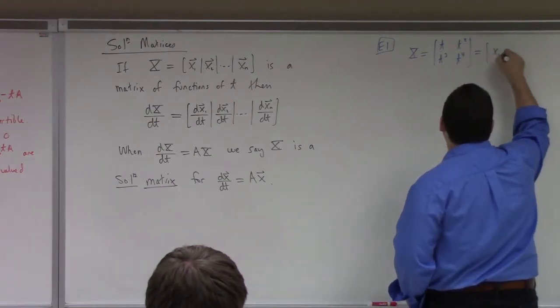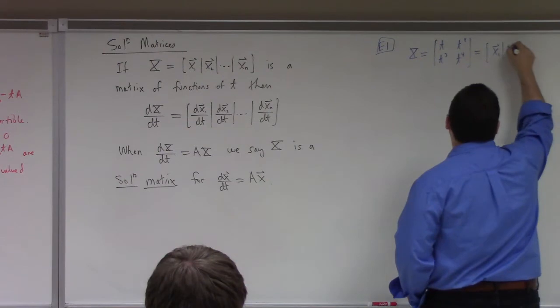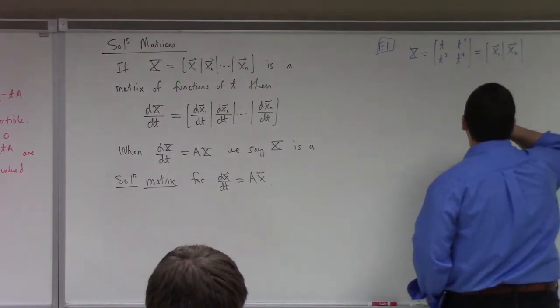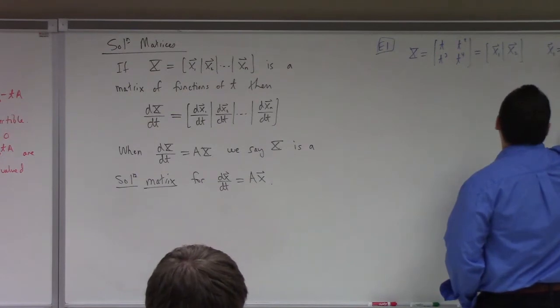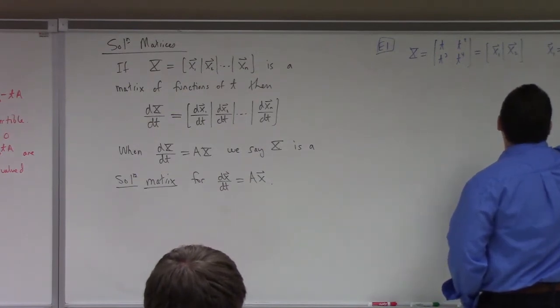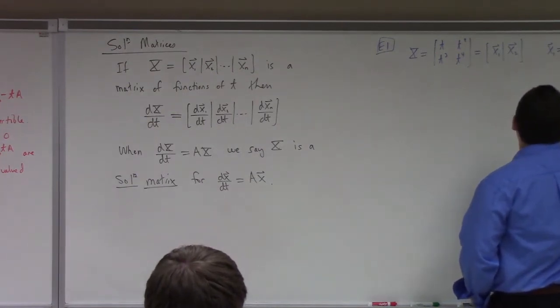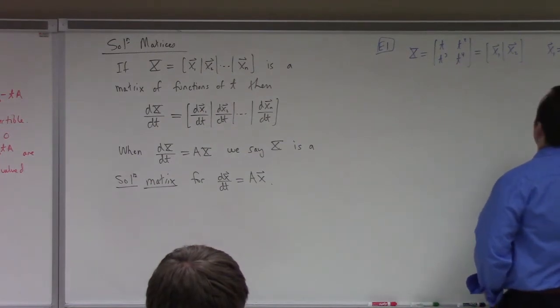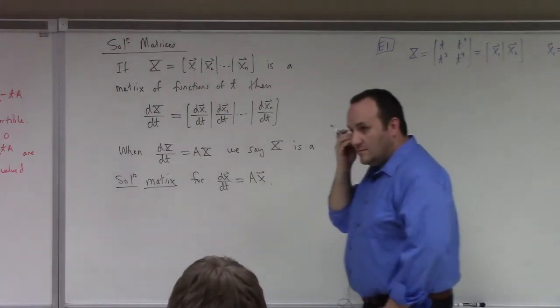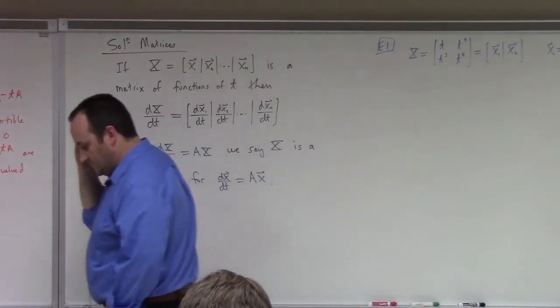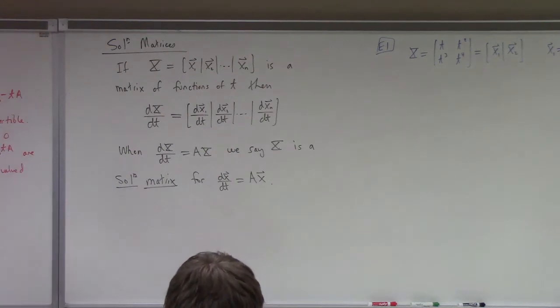So I'm thinking that would be like x1, x2, right? So x1 here would be t cubed, and x2 would be t squared, t to the fourth, just to give you an example of what I mean by that notation. Okay, so you're just pulling the two matrices together. Right.